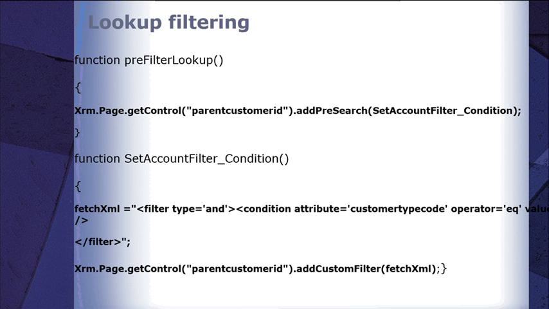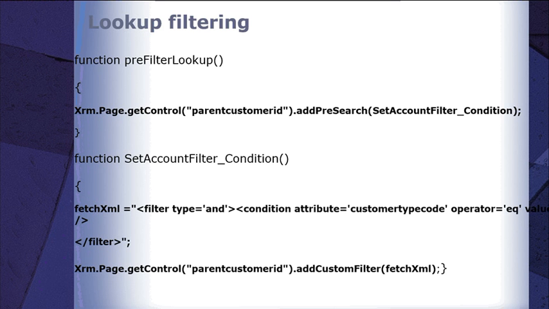We have this filter, and then we will use our add custom filter function to add this filter to our lookup view. We will add it here, and then we will call this function under this one, so that it will add that pre-search criteria to our parent customer ID.